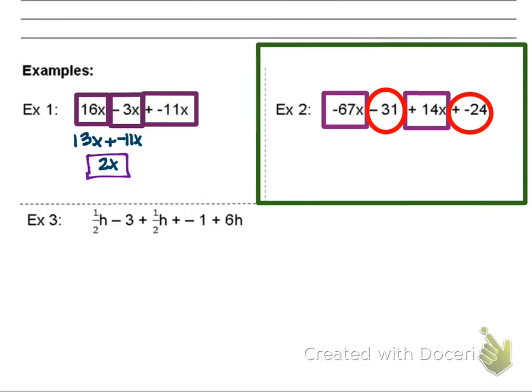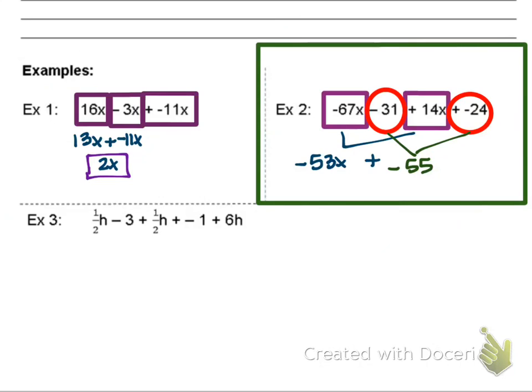I'm going to start with my variable terms and combine those. So negative 67x plus 14x. I'm going to end up with a negative 53x. Now, I also have to combine the negative 31 and the negative 24. So doing so, I'm going to get negative 55.